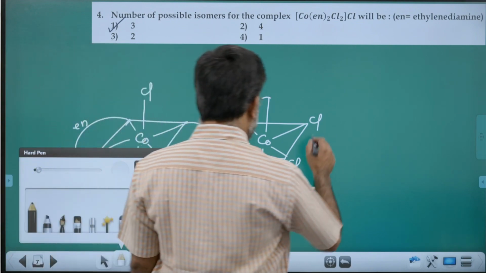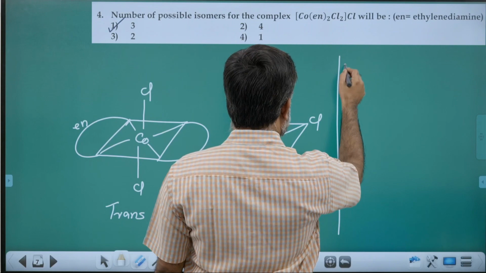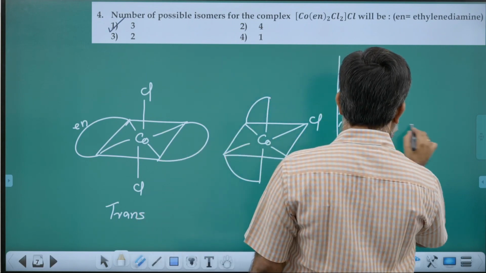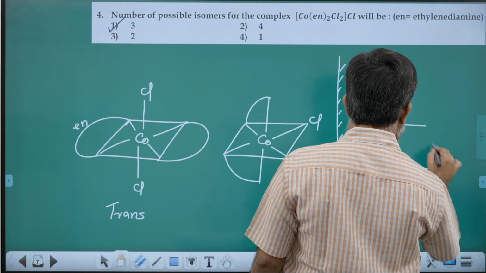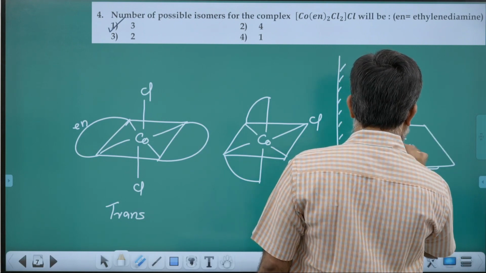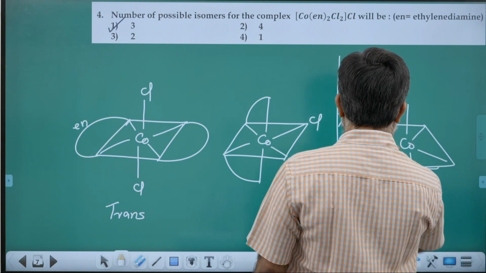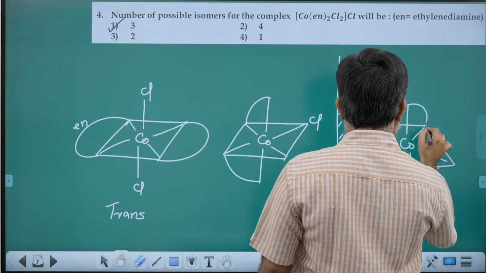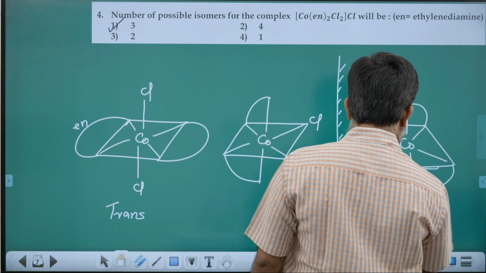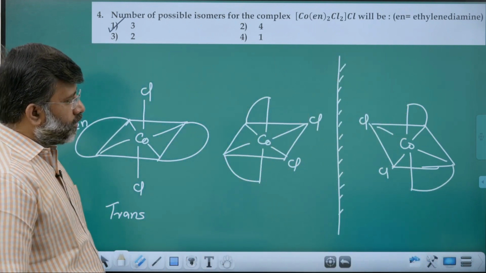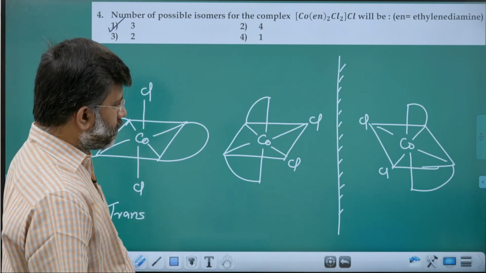And if you want to know, I will draw the non-superimposable mirror image also, which will come like this. You see that? There is cobalt 1, 2, 3, 4 and 2 chlorine coming like this, and one ethylene diamine, another ethylene diamine like that. You can see the two molecules are non-superimposable mirror images of each other.